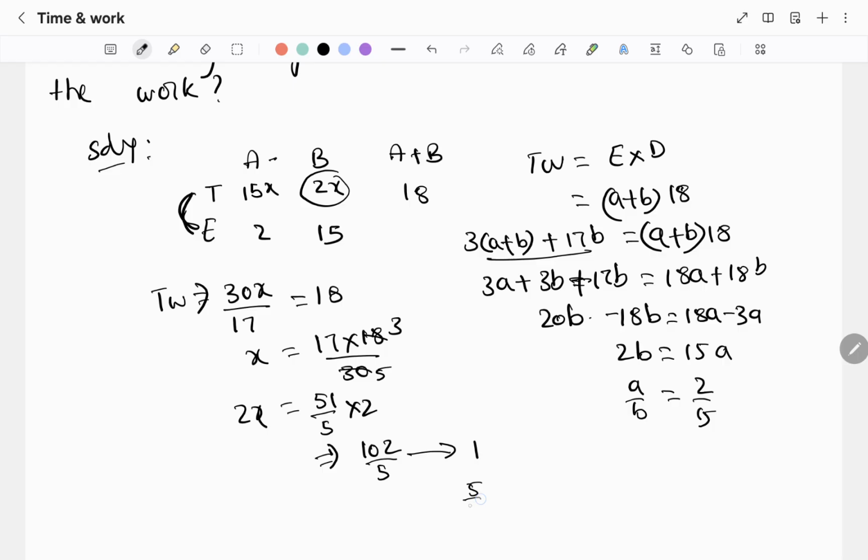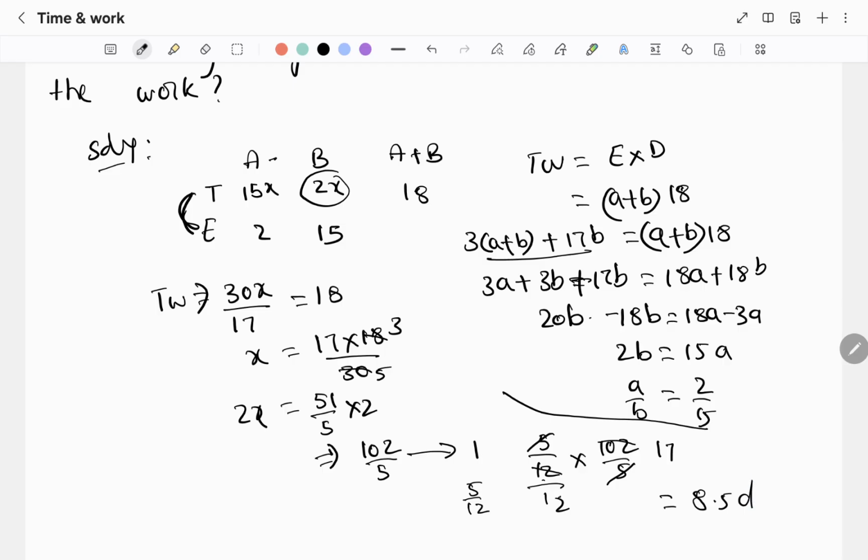To complete 5 by 12, we multiply 5 by 12 into 102 by 5. The 5s cancel, and 6 twos are 12, and 6 goes into 102 seventeen times. So it takes 17 by 2, which means 8.5 days.